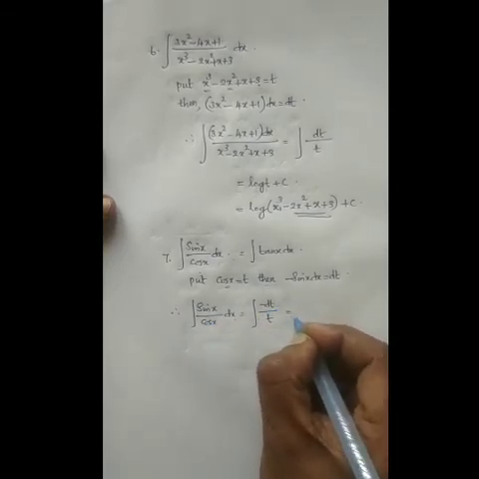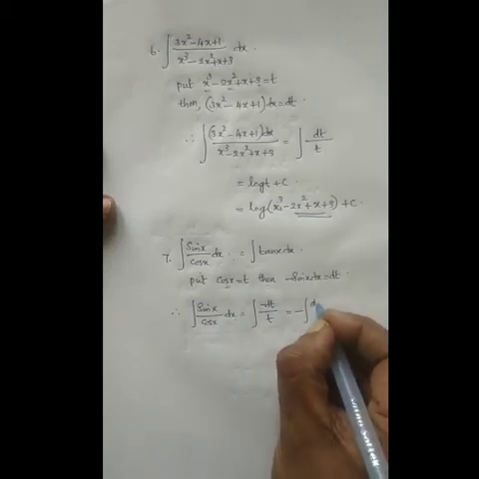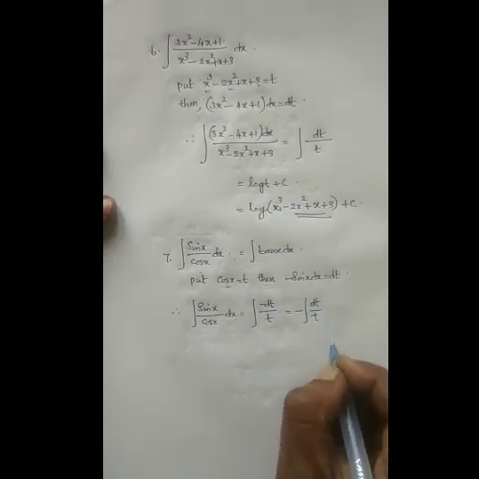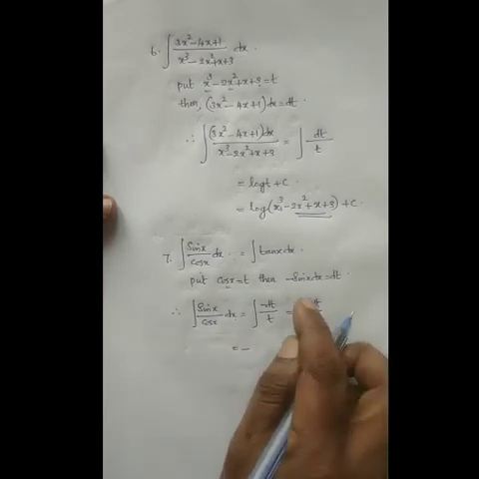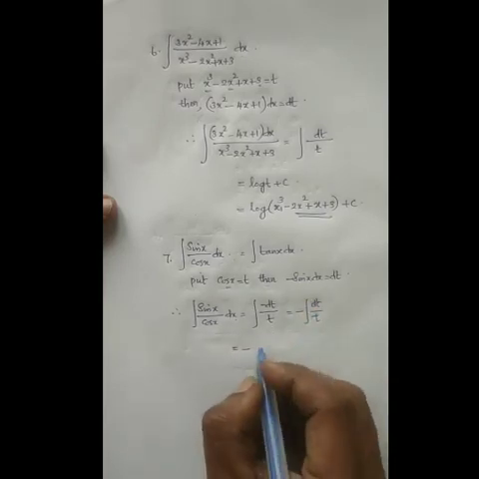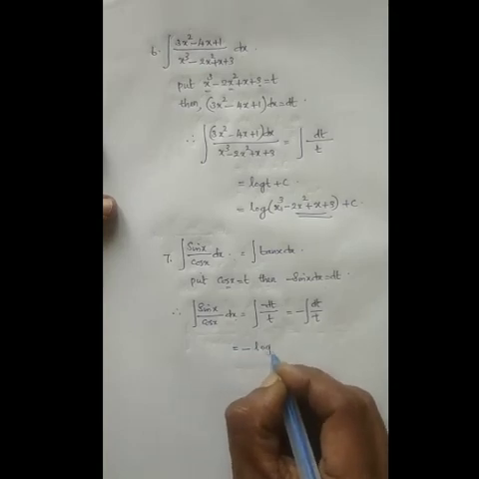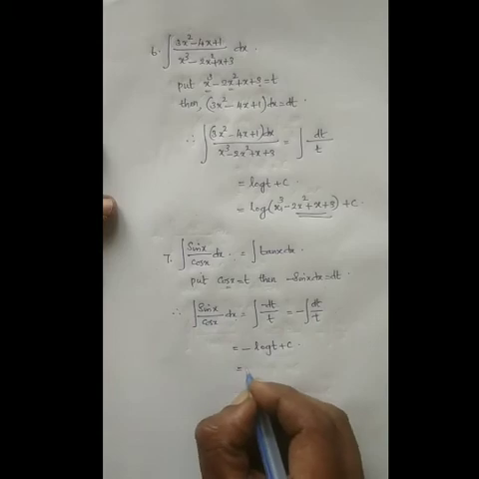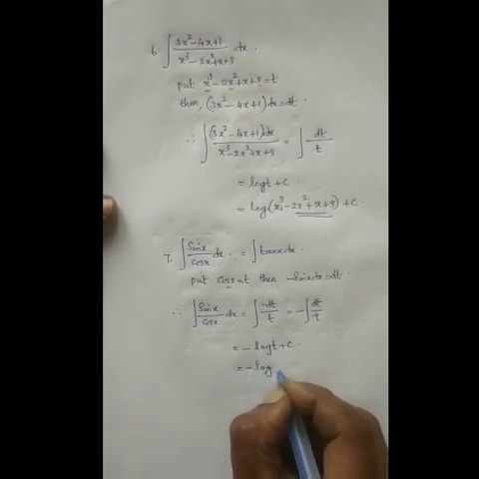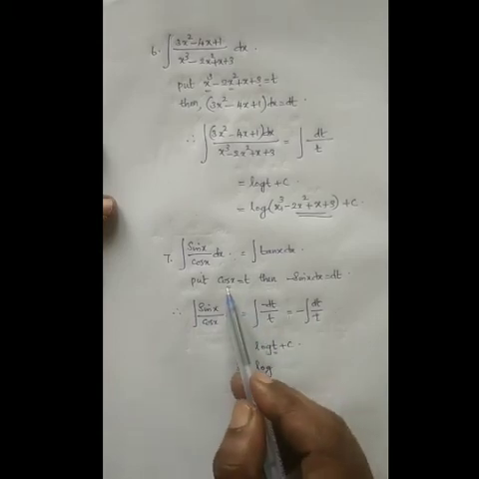That is minus integral of dt by t. It's equal to minus, integral of dt by t is log t, log t plus c, and t is cos x.